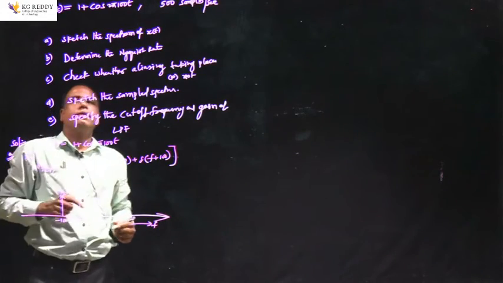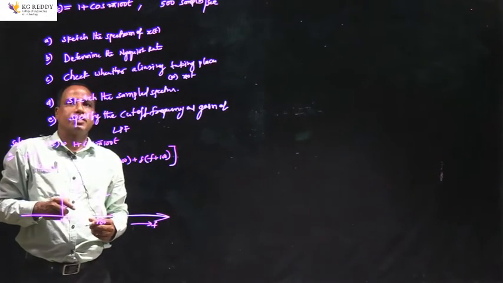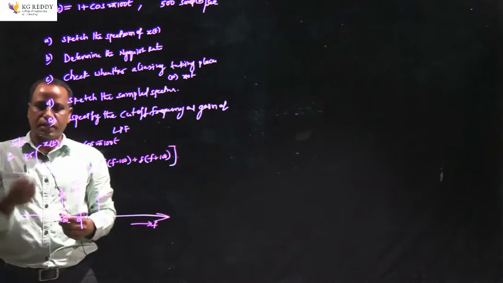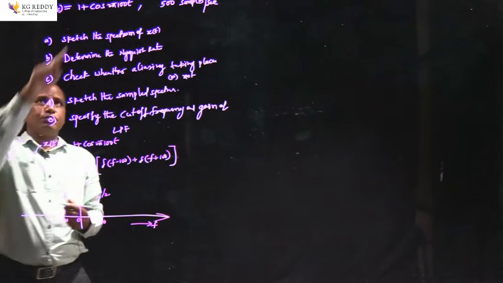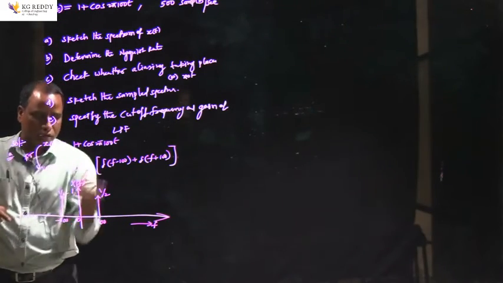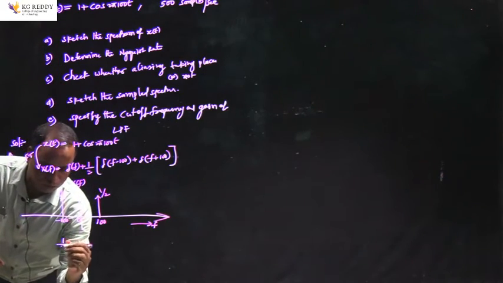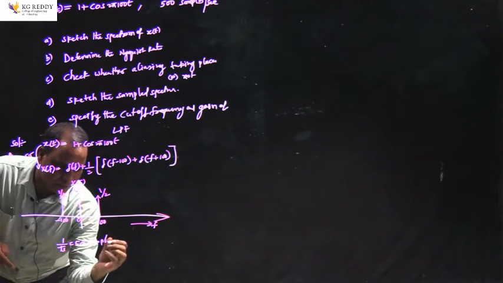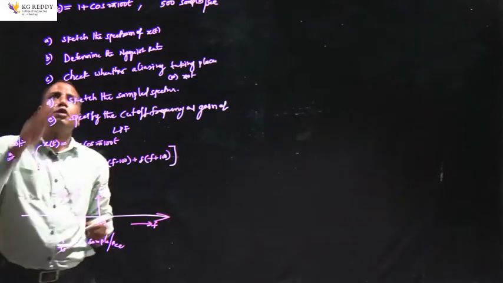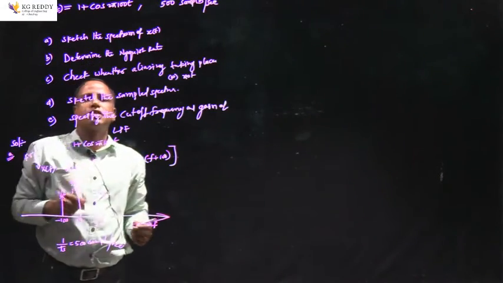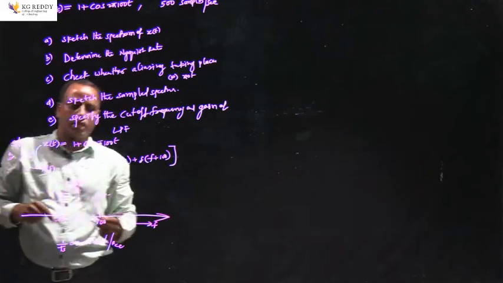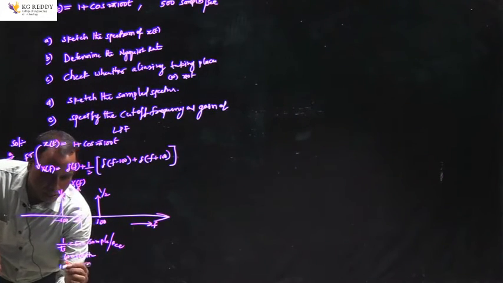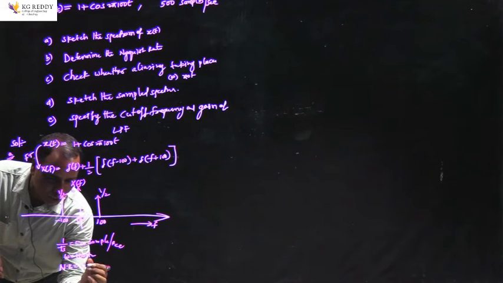And the solution for B, determine the Nyquist rate. What is the Nyquist rate? The minimum sampling rate is the Nyquist rate as per our discussion. So for this particular case, the sampling rate 1 by Ts is given as 500 samples per second, and if you look at the signal, it consists of a single frequency, omega is equal to 100 hertz, and the Nyquist rate, as we have already seen, is 2 into omega.